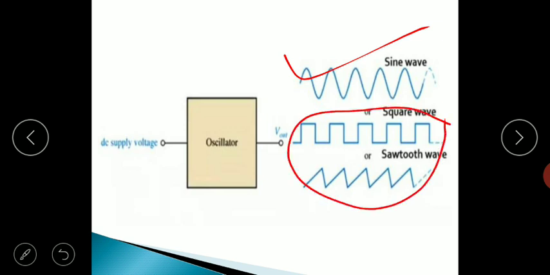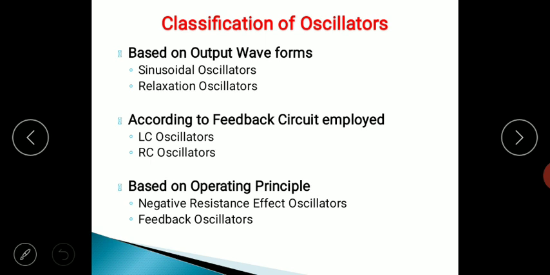That means any waveform which is not sinusoidal is called non-sinusoidal, and the oscillators which generate such non-sinusoidal signals are called relaxation oscillators, or sometimes non-sinusoidal oscillators itself. Examples are the square wave generator, sawtooth generator, triangular wave generator, etc. All come under the relaxation oscillators.